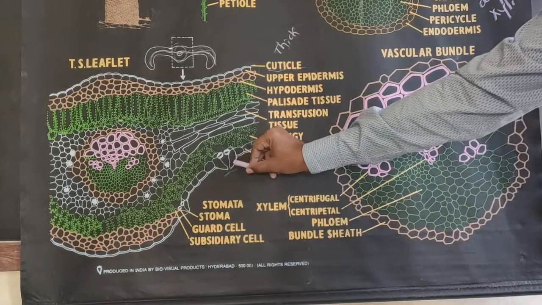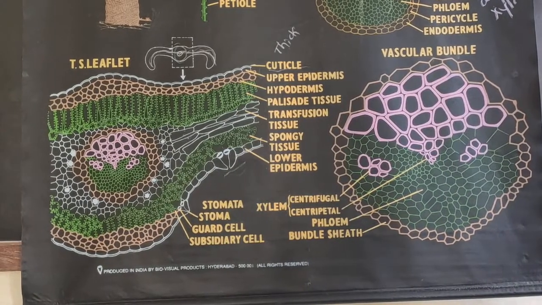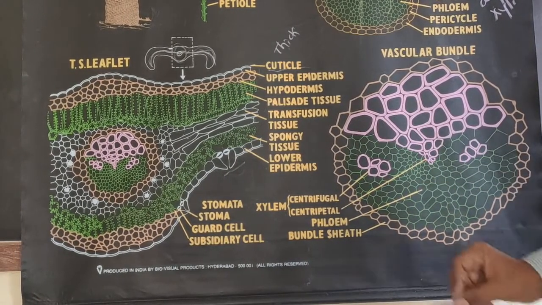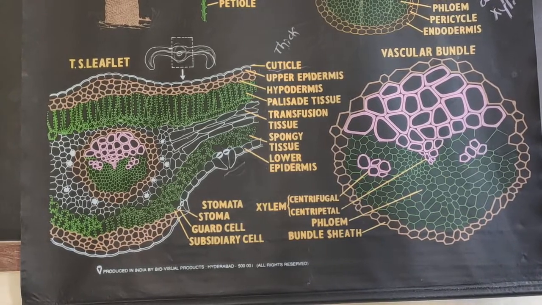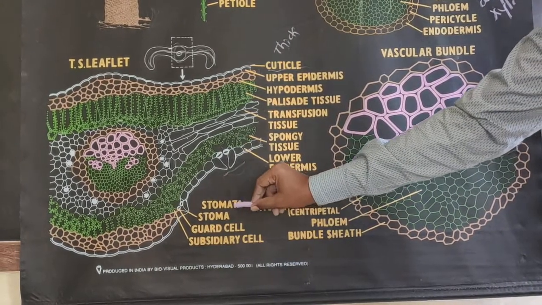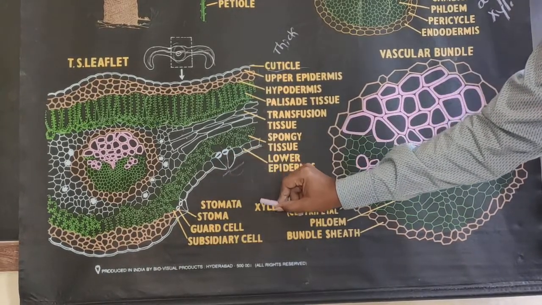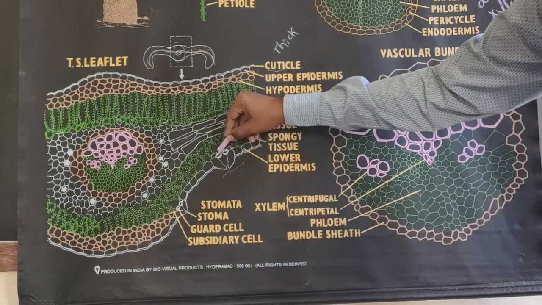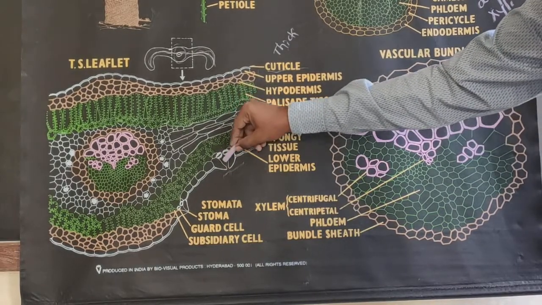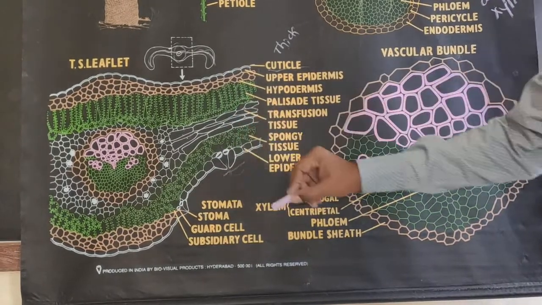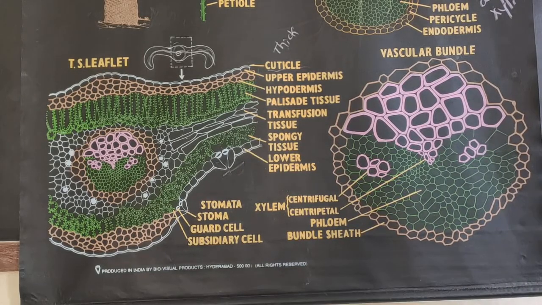The presence of sunken stomata is also one of the xerophytic adaptations. This sunken stomata mainly consists of a stoma, this opening, with two guard cells, and these two are the subsidiary cells.